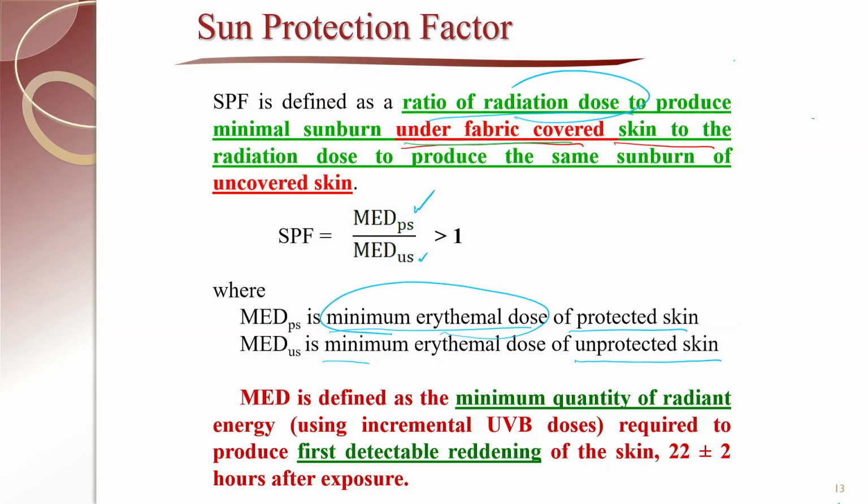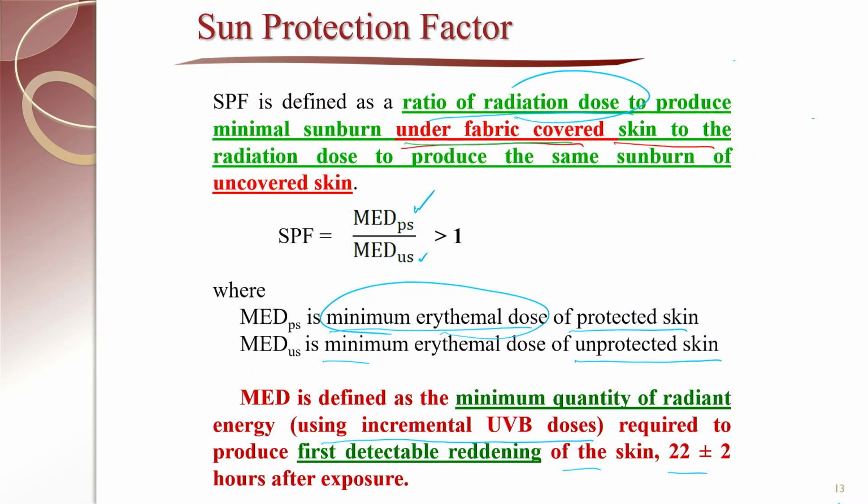which is defined as the minimum quantity of radiant energy, basically using an incremental UVB dose, that is required to produce first detectable redness of skin with 22 plus or minus 2 hours of exposure.